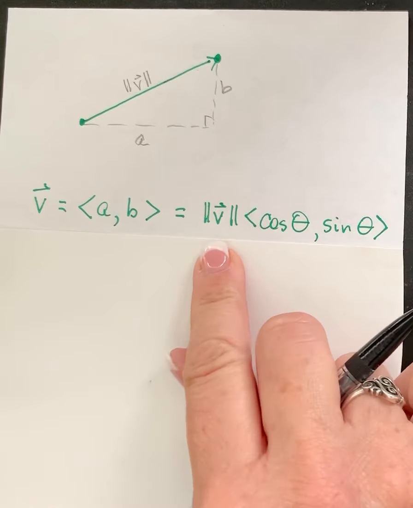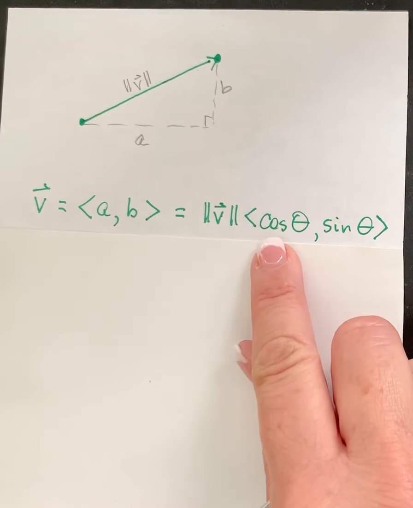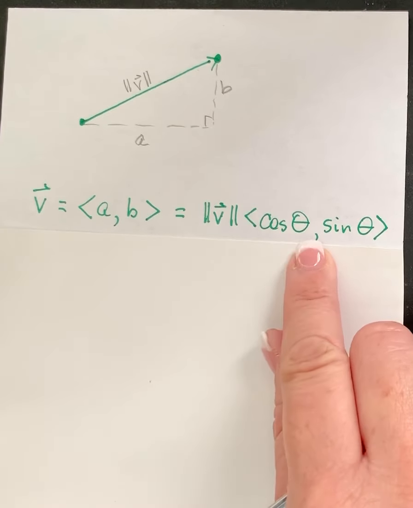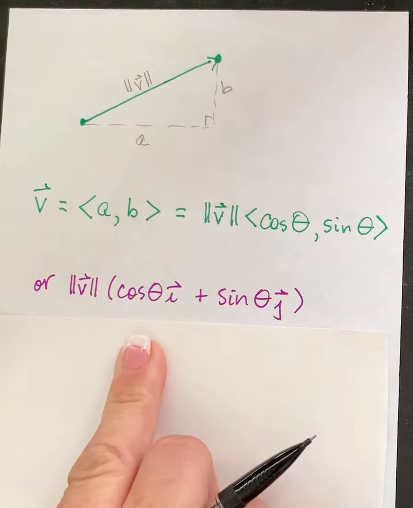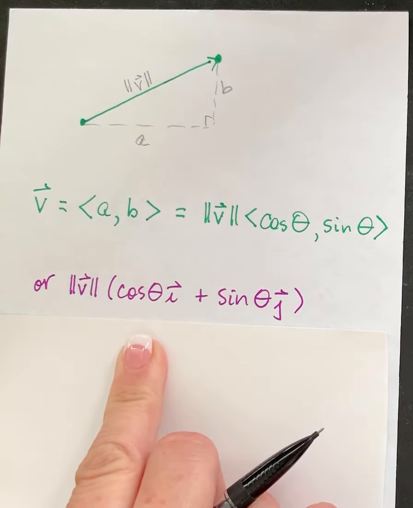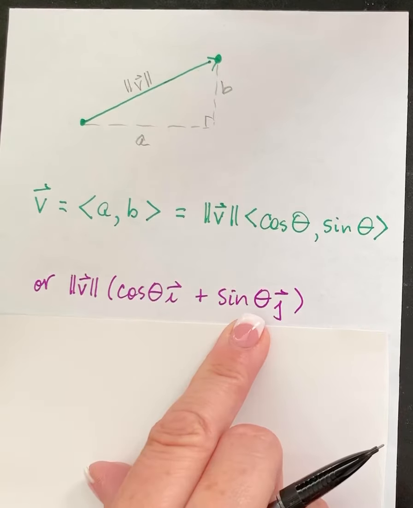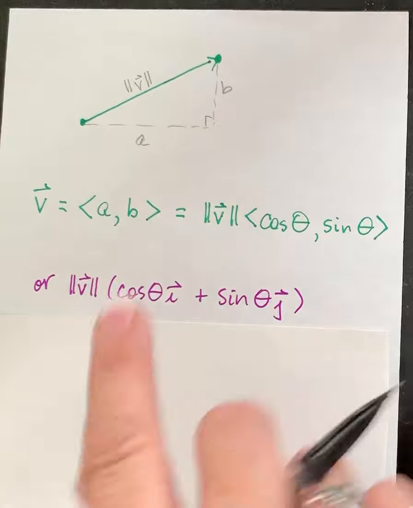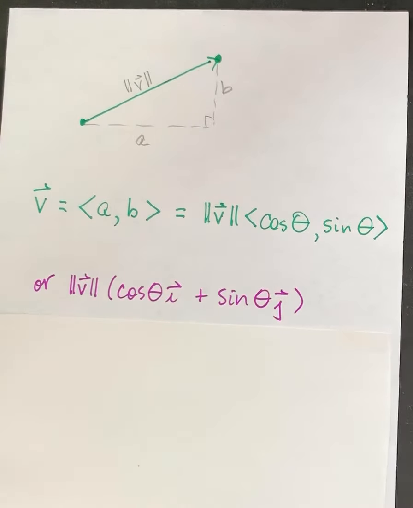You could write it in this other form. You could put the magnitude on the outside and then put the cosine of the direction angle, comma, the sine of the direction angle. Or here it is with the standard unit vectors. You could distribute that magnitude of v inside the parentheses or inside the component form, but it's a little cleaner to keep it on the outside.